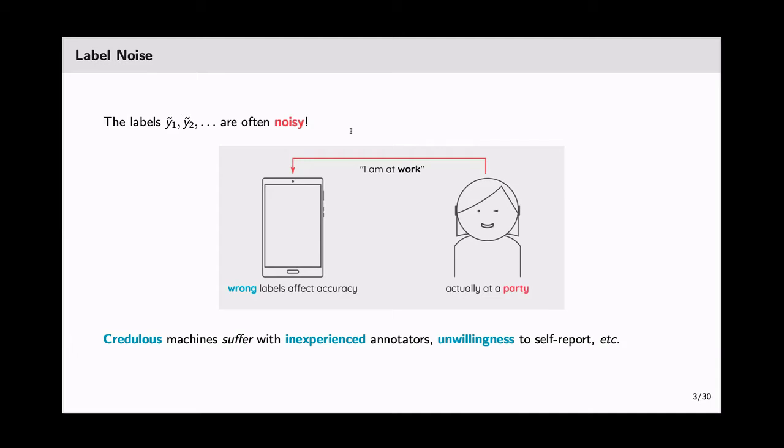It is difficult to remember what you were exactly doing. Providing wrong labels has a big impact on the accuracy of your machine learning algorithm. And so you end up having a training set containing noisy labels, but also a model that is not able to have good predictive performance.